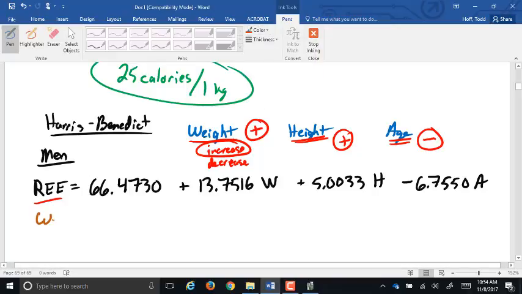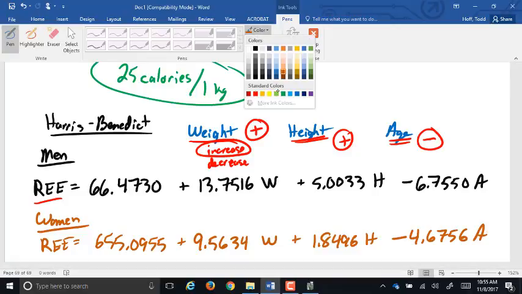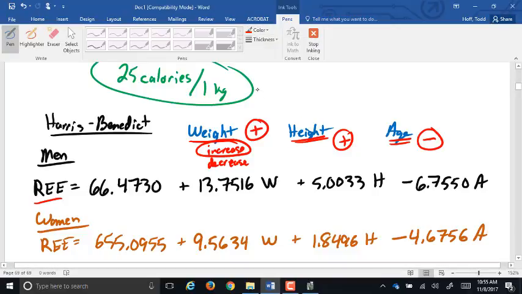The female model, resting energy expenditure, is 655.0955 plus 9.5634 times the weight plus 1.8496 times the height minus 4.6756 times the age. Now, as we look through this one, is weight a positive or negative relationship?